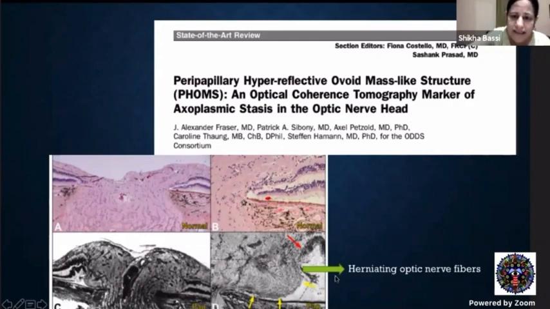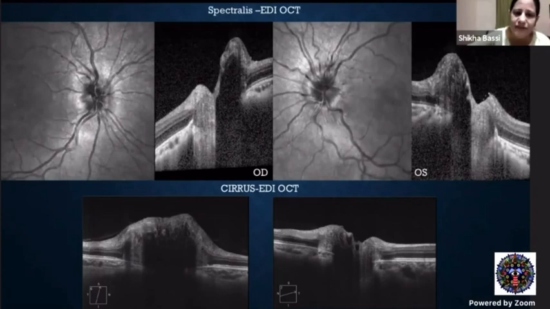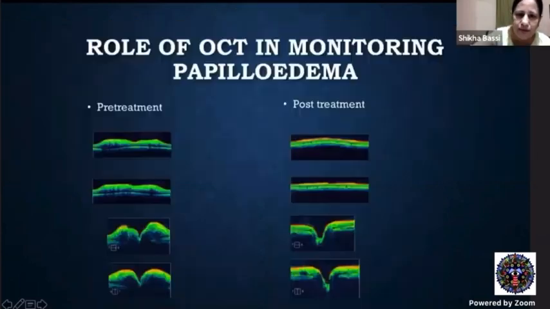Histologically, it has been proven that these are herniating optic nerve fibers. You can see them, these are herniating optic nerve fibers. So the EDI mode of OCT is available on Spectralis and Cirrus, both the machines. And this is how the drusen appears on the EDI mode.